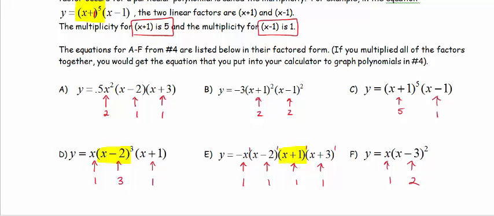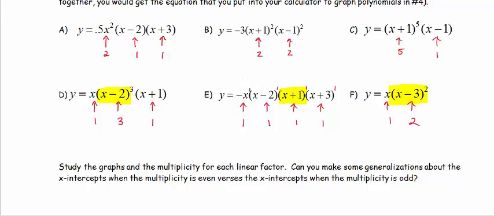Or over here, if you were to solve x minus 3, you would very simply get x equals 3 as a root. And so our multiplicity has to do with the roots and where they're going to cross the x-axis, to make things a little bit easier for us.